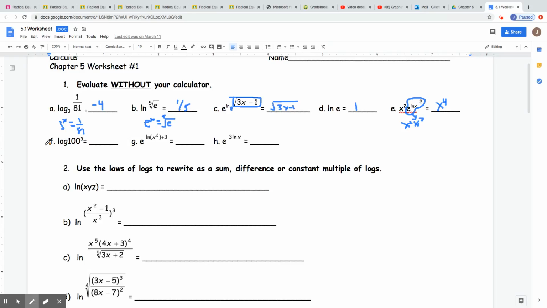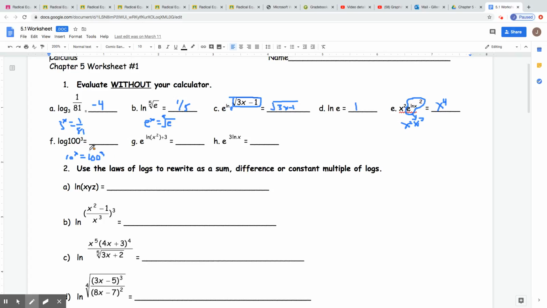With f, the log of 100 cubed. If there's no base written for a log, it's base 10. So 10 to what power is 100 cubed? A couple things you could do here. You can actually work out what 100 cubed is.